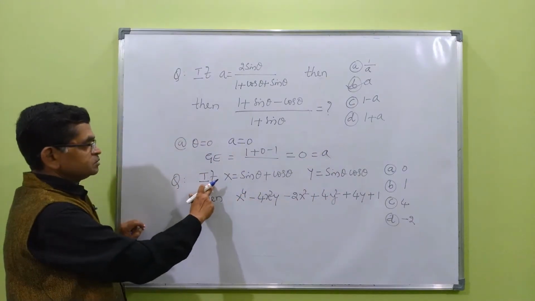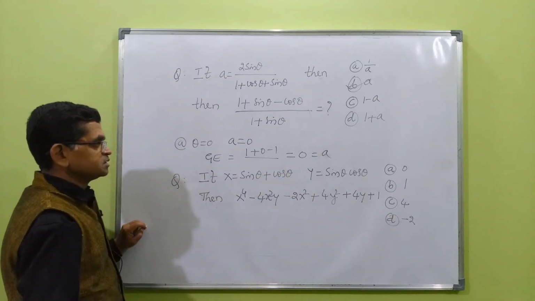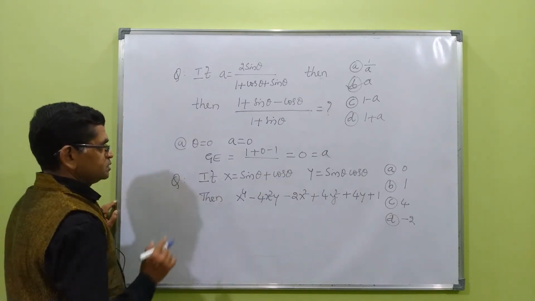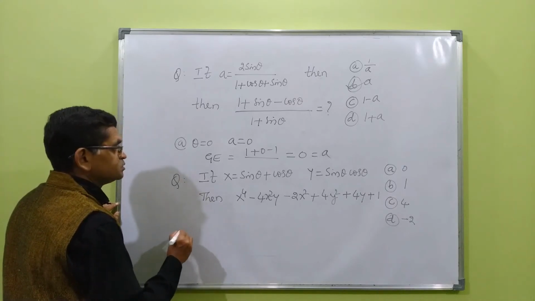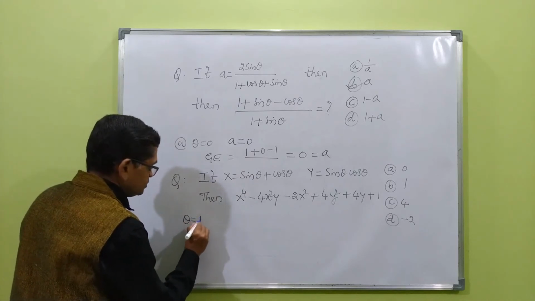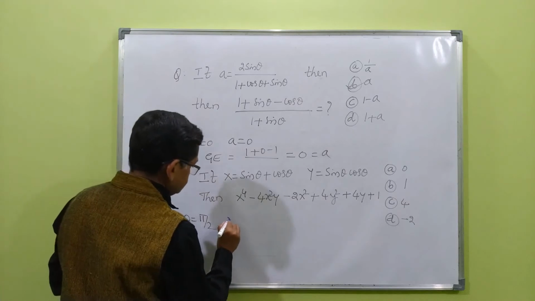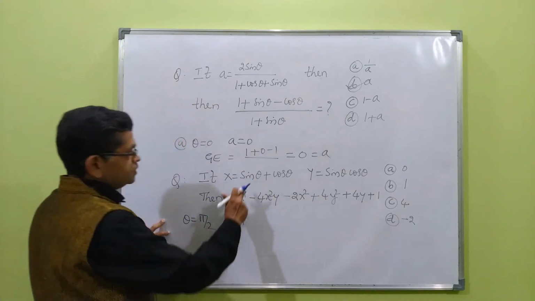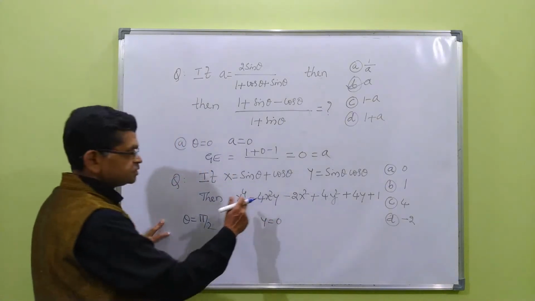Now here also x is sin theta plus cos theta, y is sin theta into cos theta. If you take x is equal to 0 also you can take. Otherwise, if you take theta is equal to pi by 2, x will be 1 plus 0, y will be 0. Now substitute here.